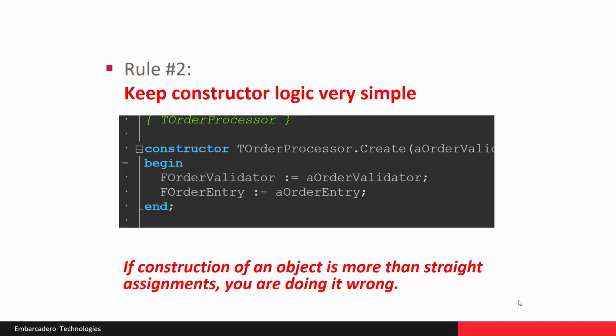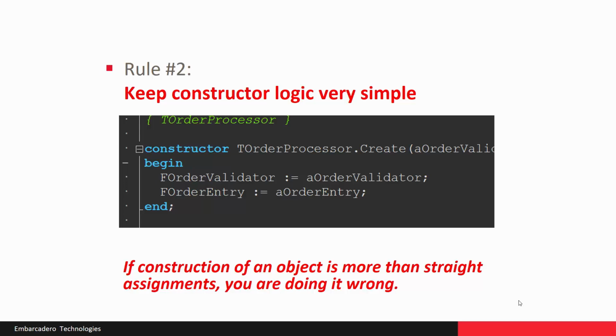Now, rule number 2 is keep your constructor logic very simple. If your constructor is doing more than straight assignments, you're probably not doing it right. You're probably putting logic into your constructor for a reason that is not good.